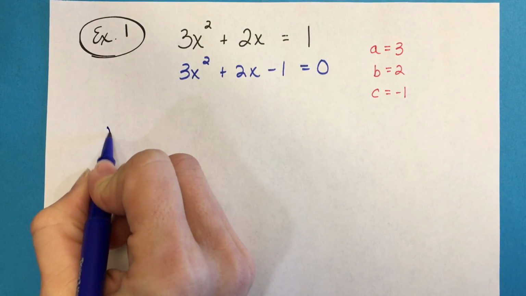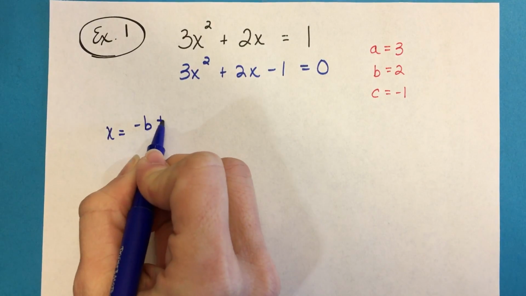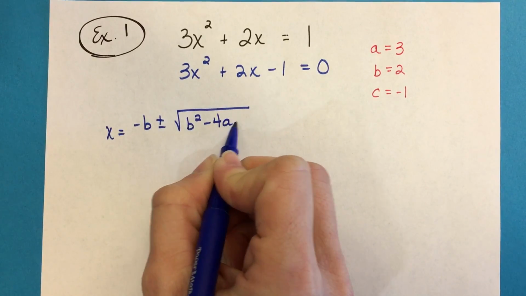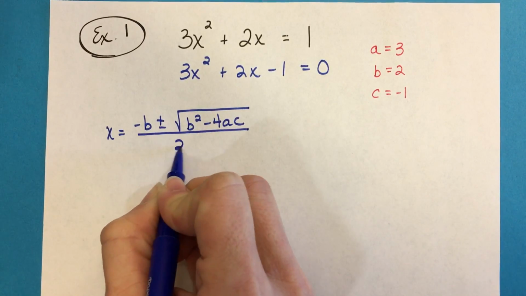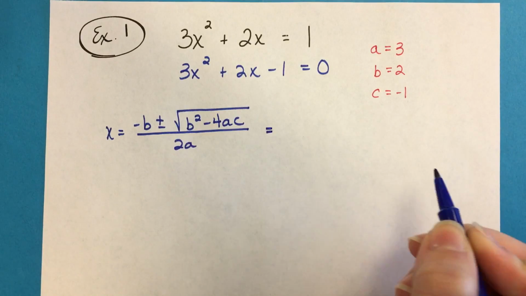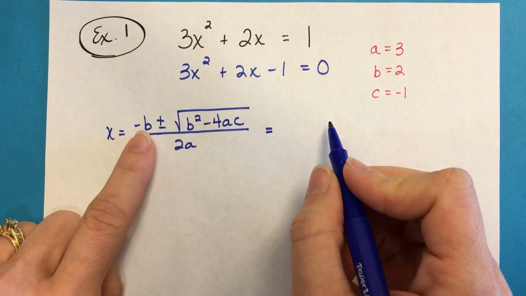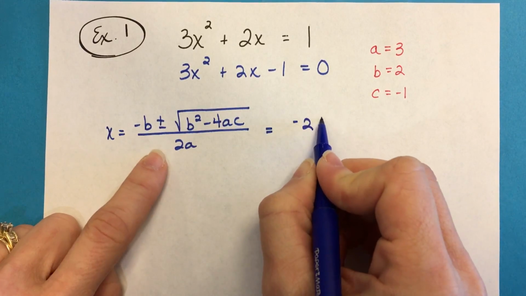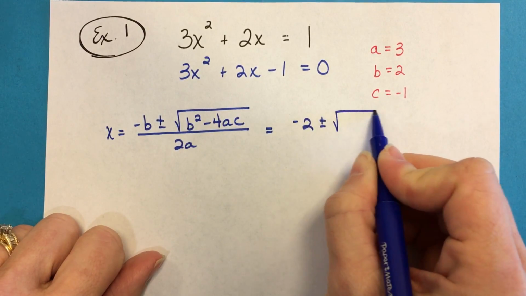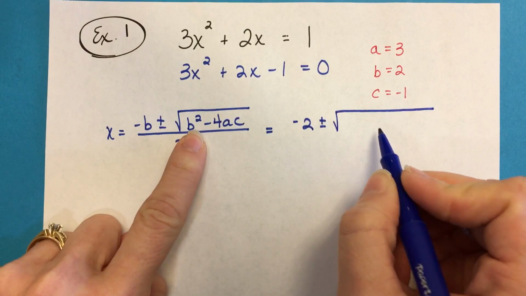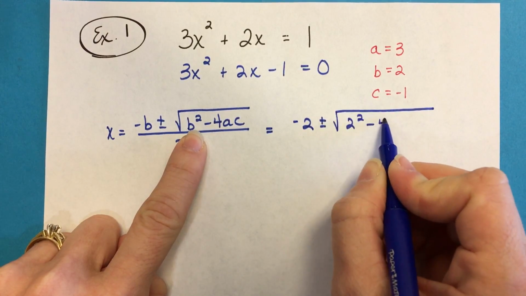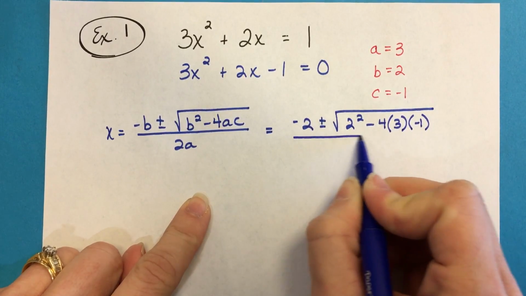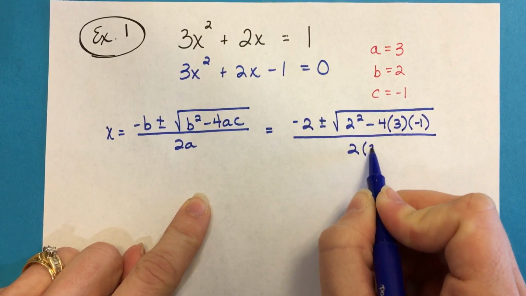Okay, so I'm going to rewrite the formula here. Substituting in our values: first of all, I need -b, so that means I'll have -2 plus or minus the square root of b squared minus 4 times a times c, all divided by 2 times a.